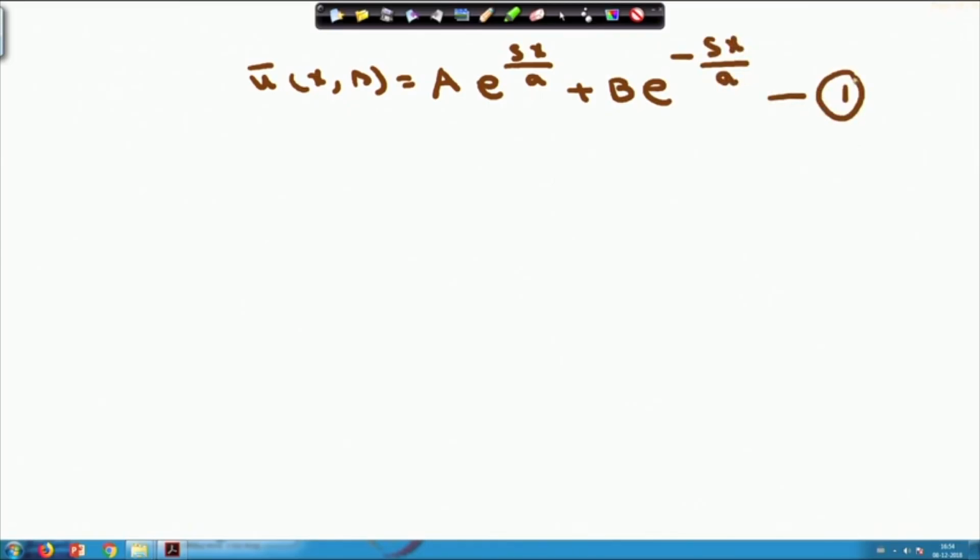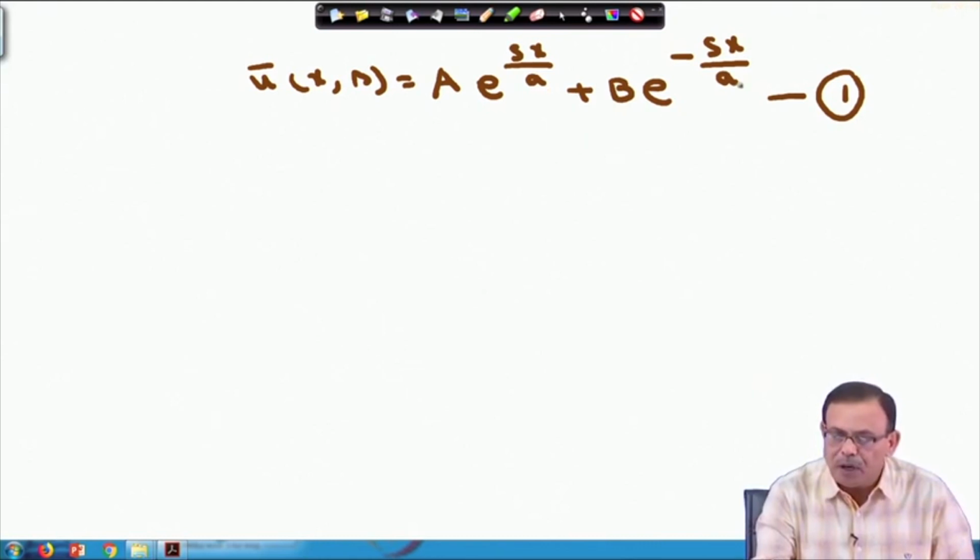This I got directly from here, since the roots of the equation are s by a and minus s by a. Your next job is to find out the value of these coefficients, that is A and B.